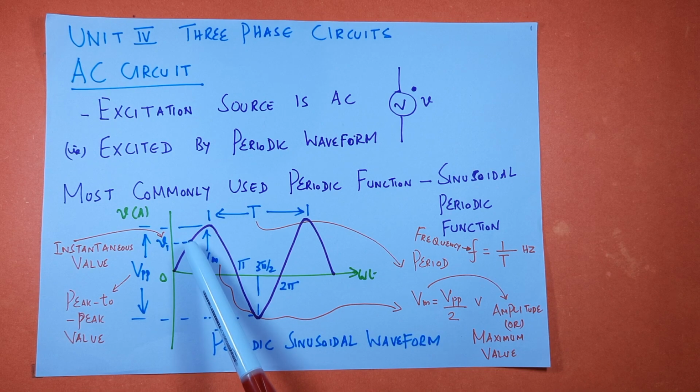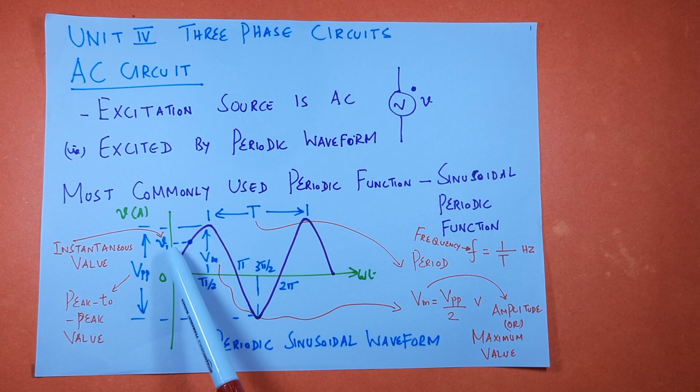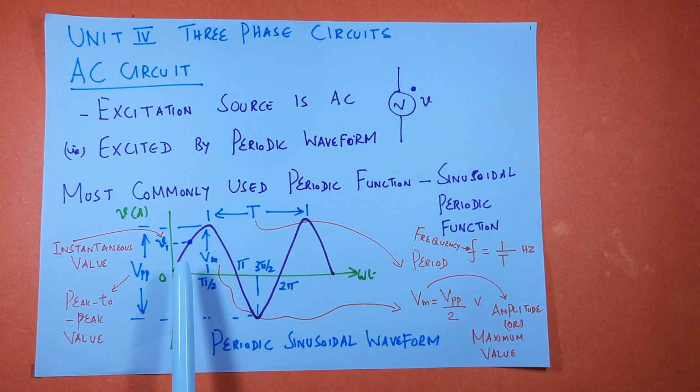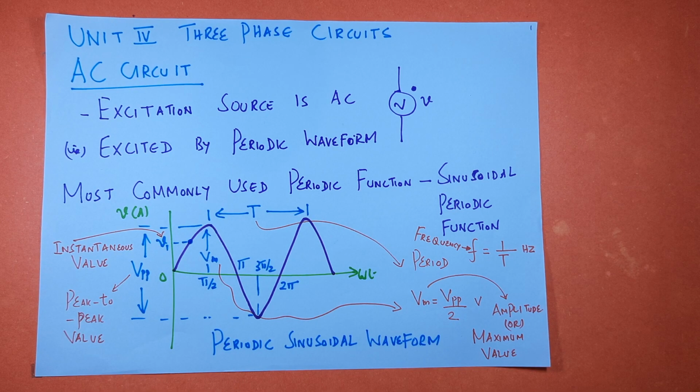Any point on this waveform, the corresponding voltage, for example at this point, the corresponding voltage is say V1. This is called the instantaneous value. The instantaneous values are represented by small letters, that is lowercase letters.